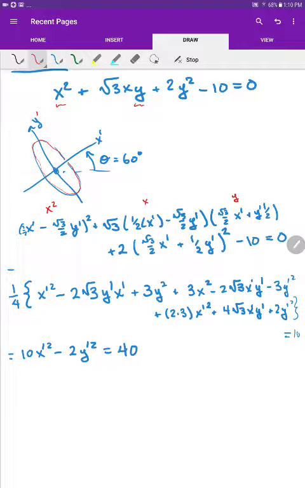As you'll see, this cancels with this. The 3y squared cancels with this. Actually, this and this added together cancel with this.